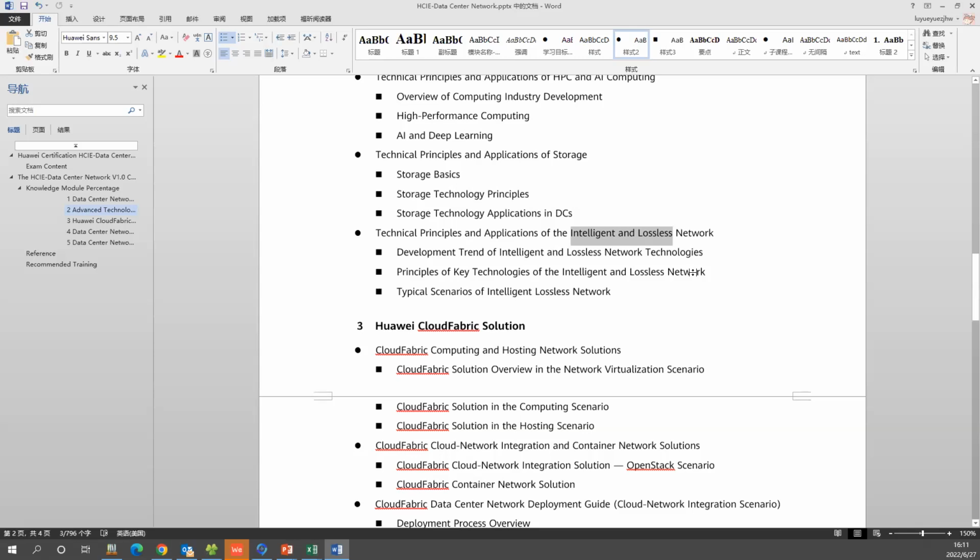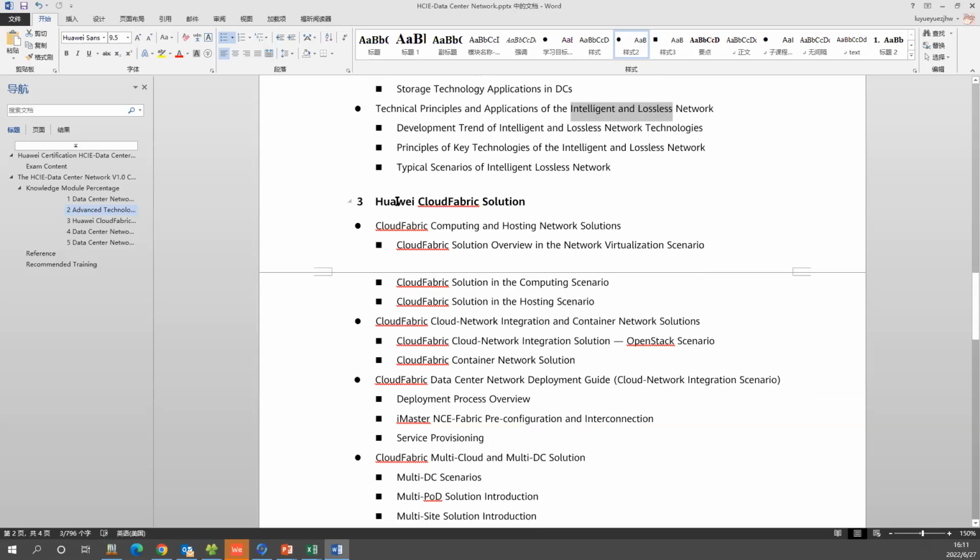And the third part is about our Huawei Cloud Fabric solution in different scenarios. The first scenario is the computing and hosting network scenario. That means we will not use the cloud platform. We only use our MSNC fabric controller to deliver the network services to our DCN.